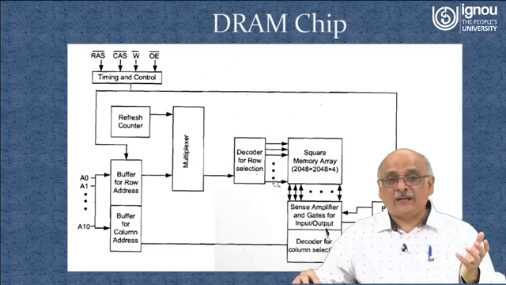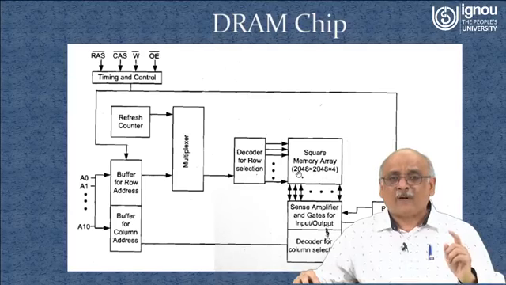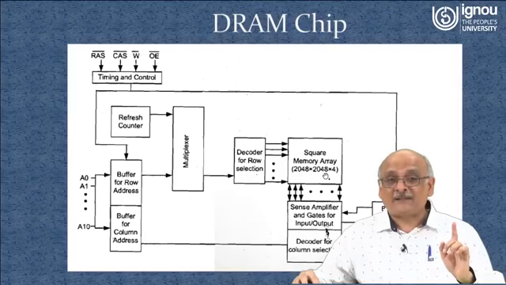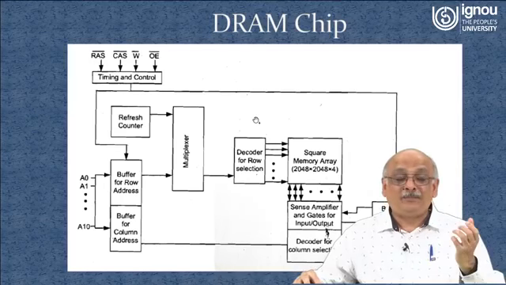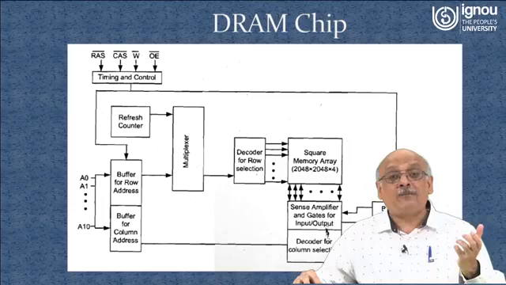Now how will these two values come? If 2048 is the size of each of these, what is going to be the size of the address? For 2048, 11 bits: 2 to the power 10 is 1024, so 2048 needs 11 bits, and similarly 11 bits for the other. So technically we require 22 bits to address this memory location. But the number of pins in a memory is very important.